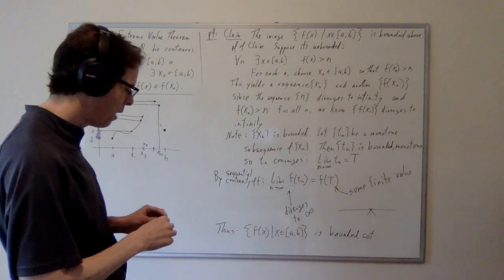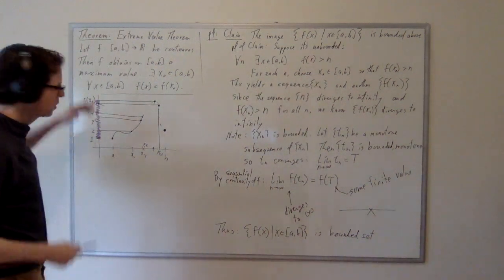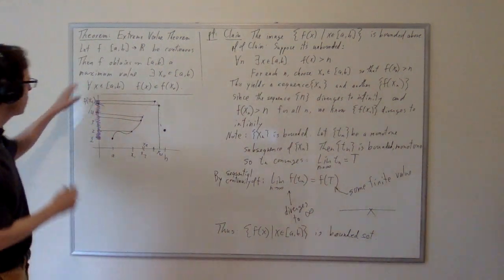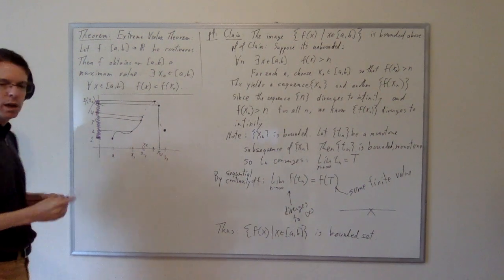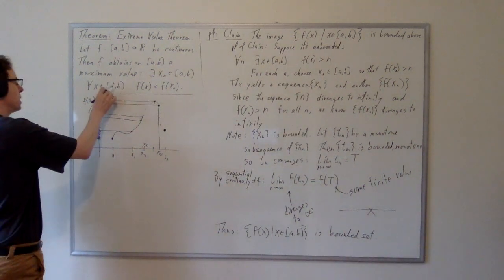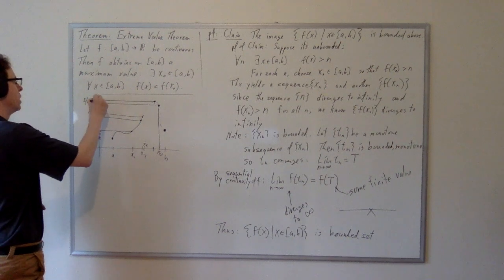Now, that's half of what we need. Basically that says that what I've represented happening in purple here is essentially correct. This set does not go on forever up to infinity.